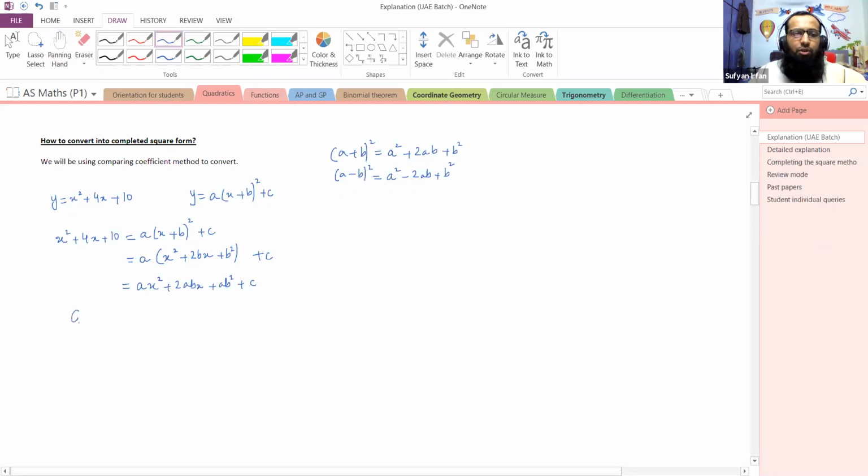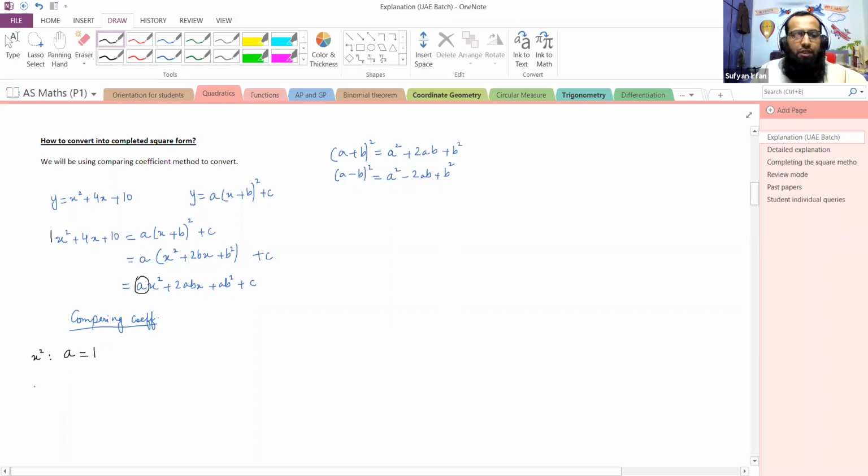And now I'm going to compare the coefficients. Comparing the coefficients. Let's compare x squared: on the left side, the coefficient of x squared is 1, and on the right side, the coefficient of x squared is a. They are going to be equal. So a equals 1.